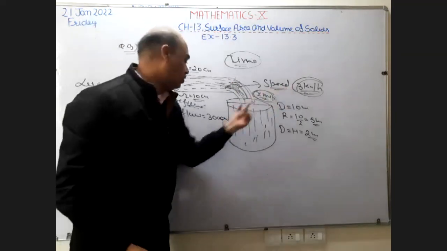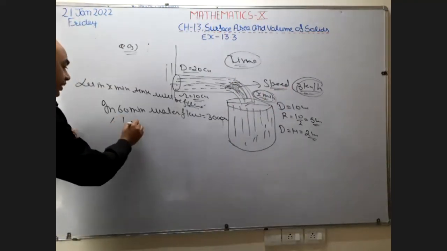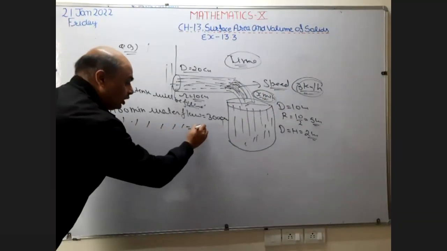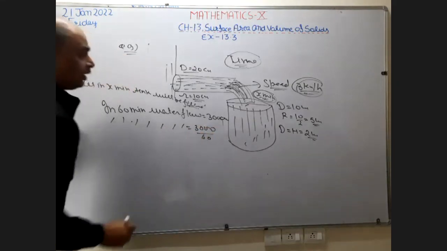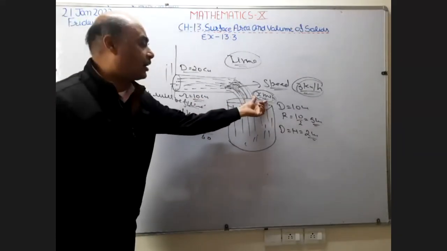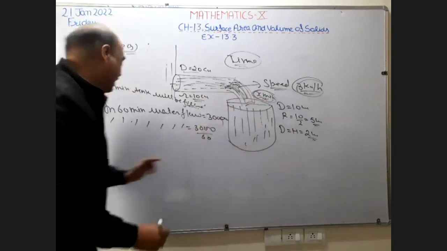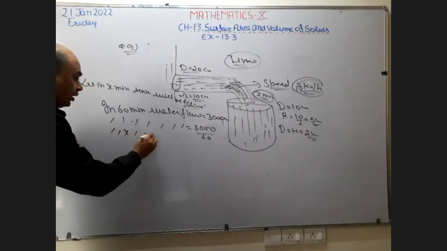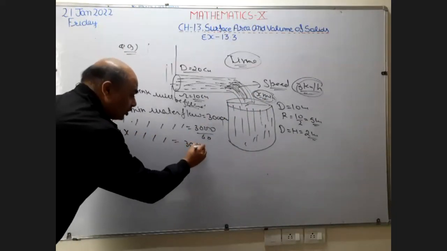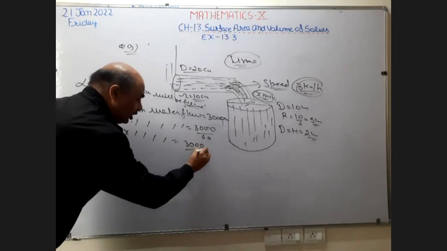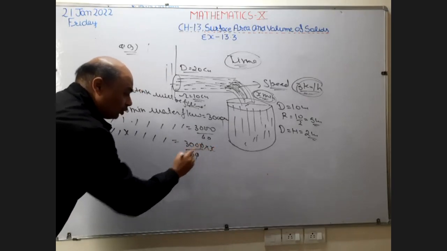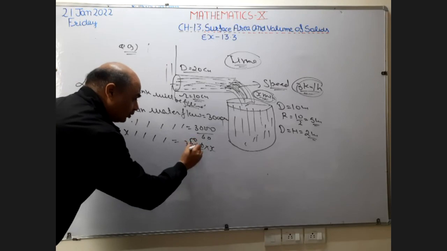In 1 minute it's going to flow 3000 upon 60, and let the time taken be X minute. So I write here, in X minute it's going to be 3000 upon 60 into X. Now this 0 is going to cancel with 0, so this is going to be 3 5 50.